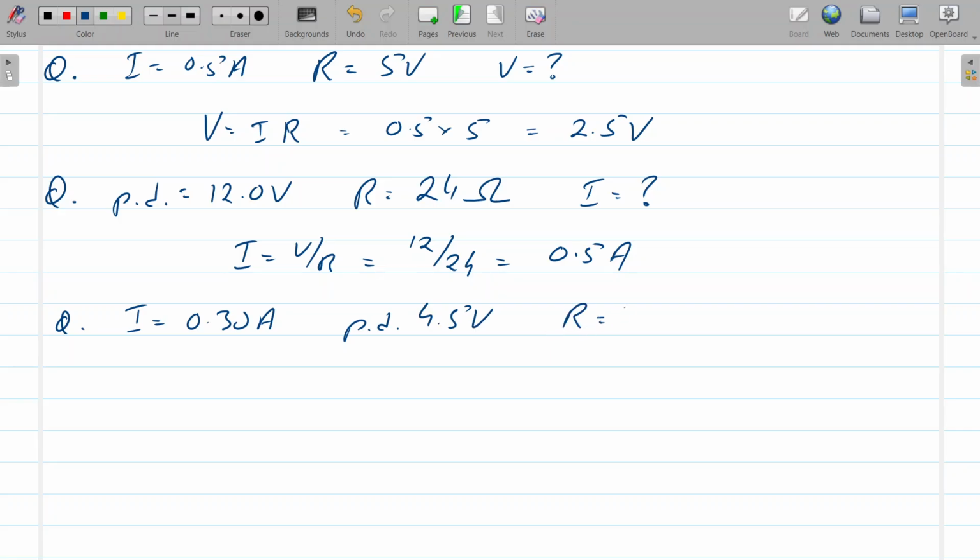What is the resistance? R equals V over I. That will be 4.5 divided by 0.30, which will give me how much? 15 ohms.